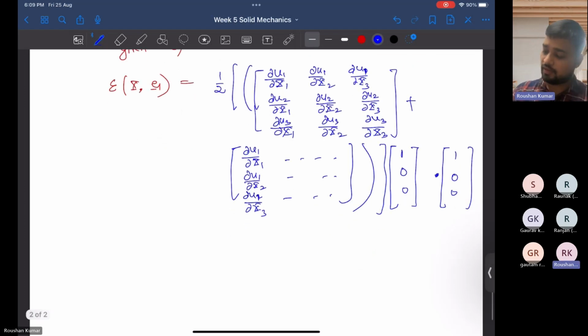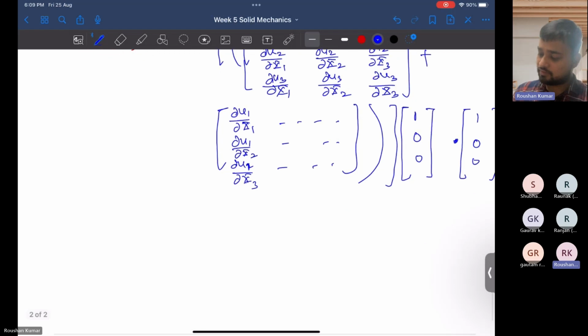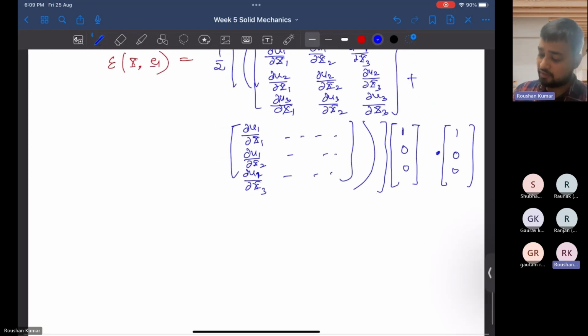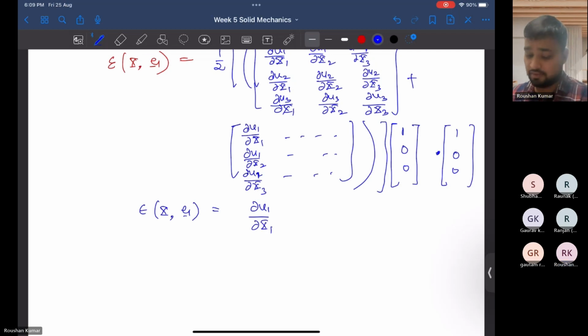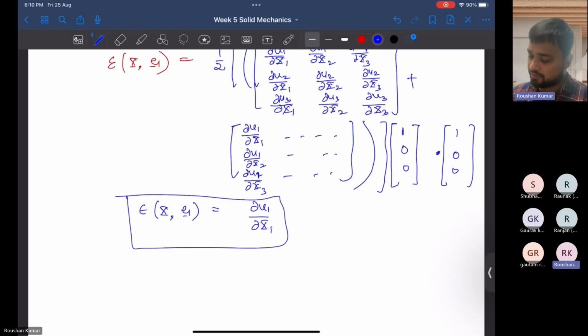If we calculate this, we find that the longitudinal strain along the E1 direction is given by del u1 over del x1.